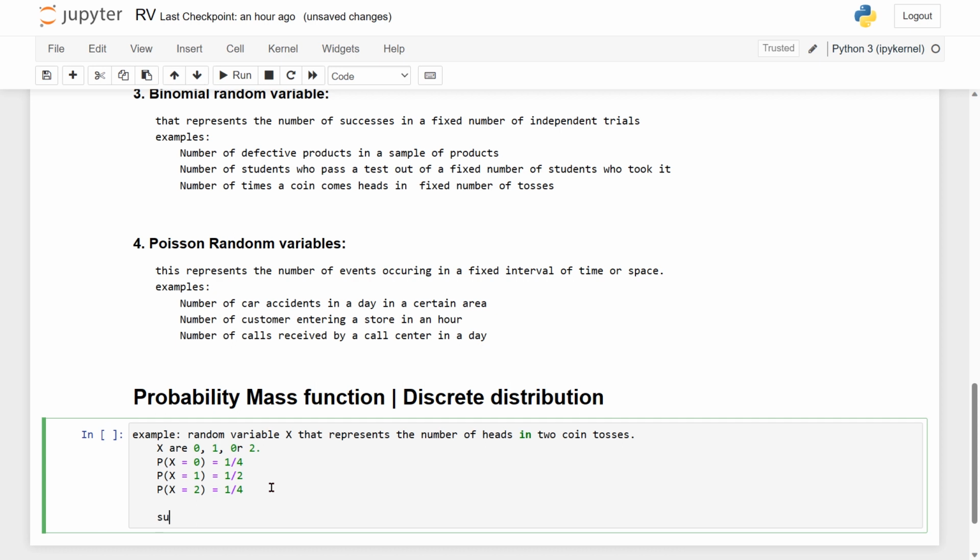Let's see. Obviously you'll have a sigma, the sum of p of x equals x for all values.